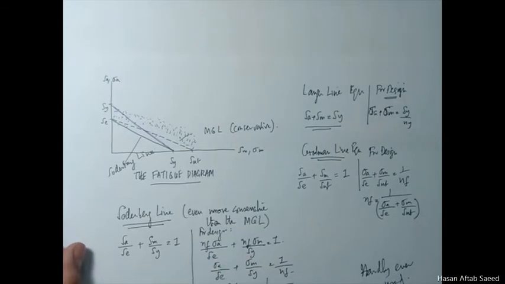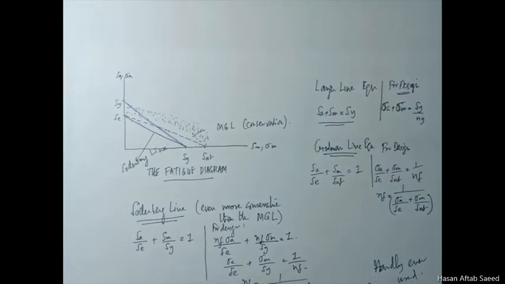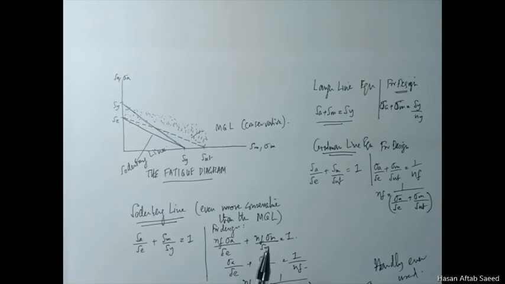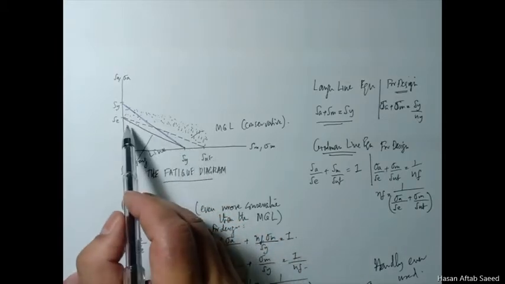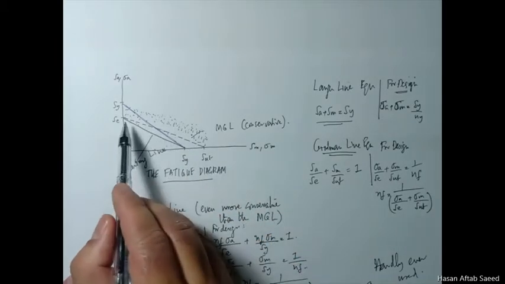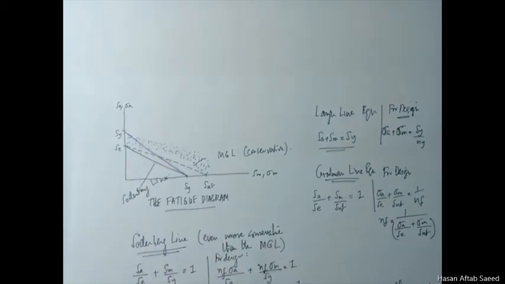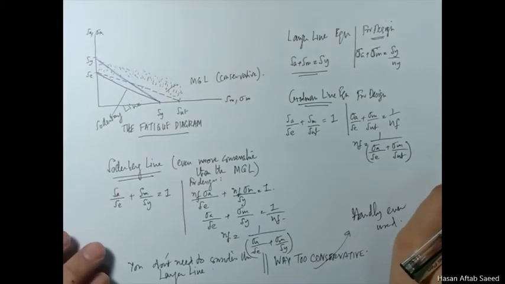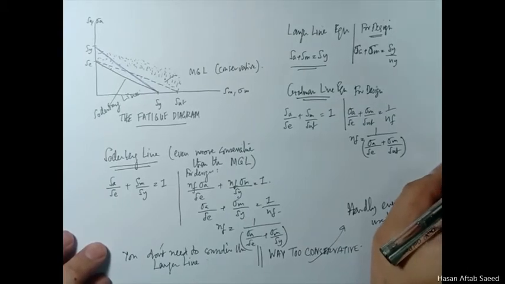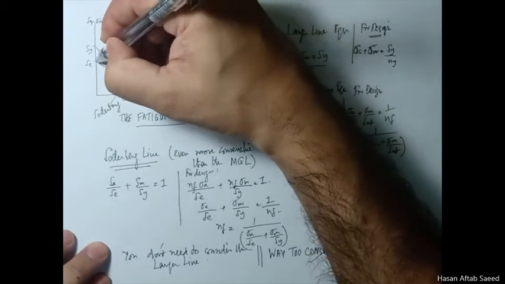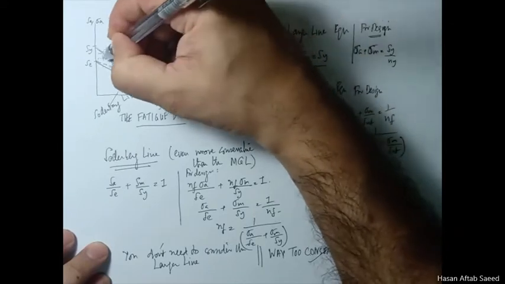So if we consider that even this, leave alone Soderberg, even this modified Goodman line is quite conservative, then the solution is that we model this by using a curve instead of a straight line. There are two curves that are often used. One of the curves is called ASME-elliptic, and this curve joins this point SE with SY.